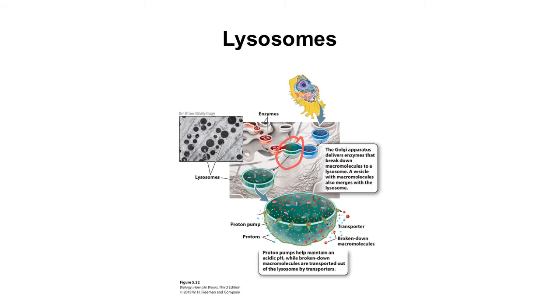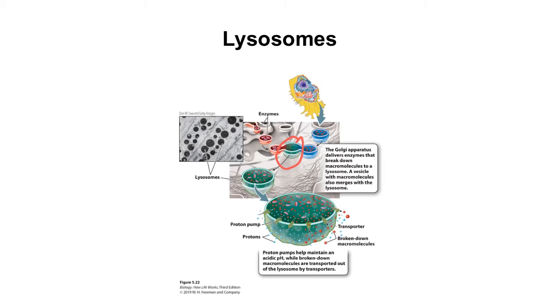They degrade the damaged or unneeded macromolecules, or even organelles that are getting older. So the cells have an efficient way of recycling all of these precious materials through the lysosome.